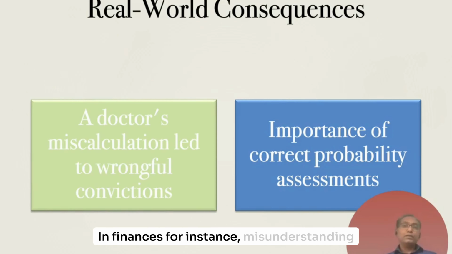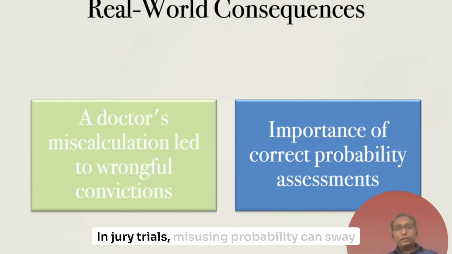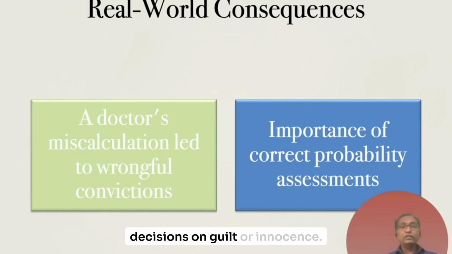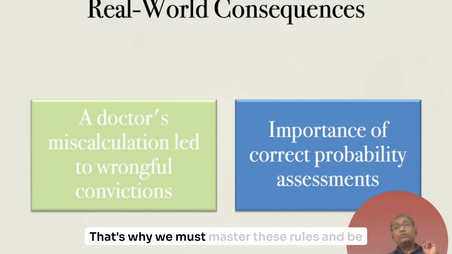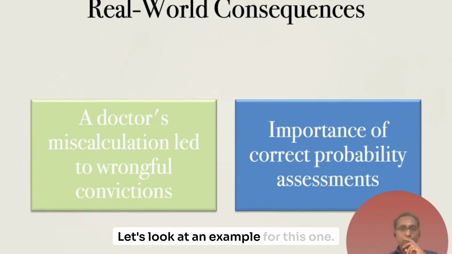In finance, for instance, misunderstanding joint probabilities can lead to catastrophic events like portfolio losses. In jury trials, misusing probability can sway decisions on guilt or innocence. So that's why we must master these rules and be aware of when our gut feeling can mislead us. Let's look at an example for this one.